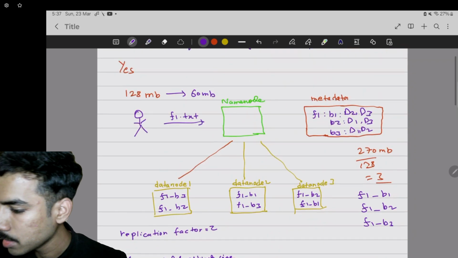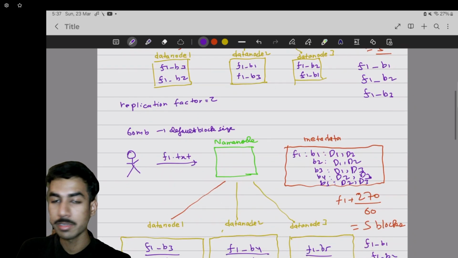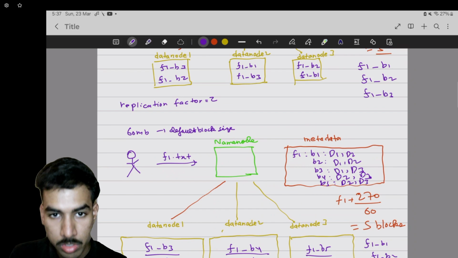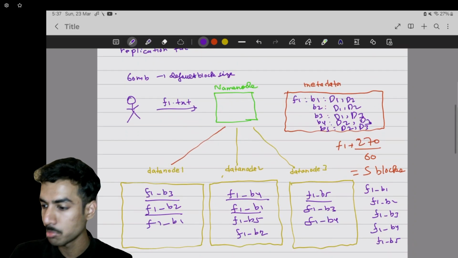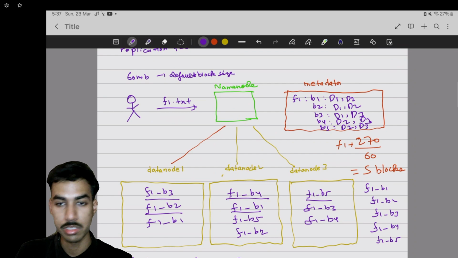So our metadata has also increased too much. We have to enter metadata for 2 more blocks. The more blocks we have, the more the metadata and the replication increase.